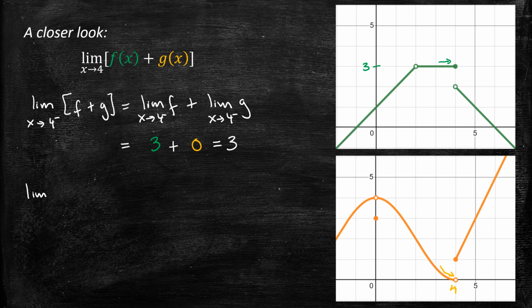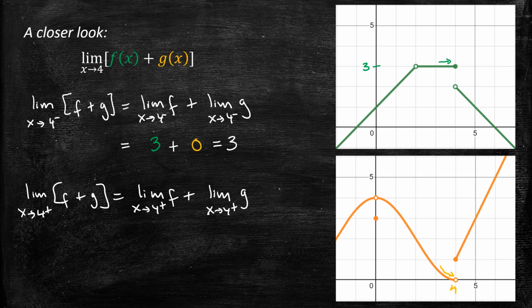Now let's check out what happens approaching 4 from the right. If the individual limits exist, then we should be able to apply the limit law. And let's have a look. So on the graph of f, approaching 4 from the right, it seems that our y value is approaching 2.